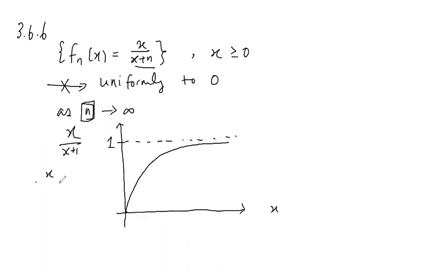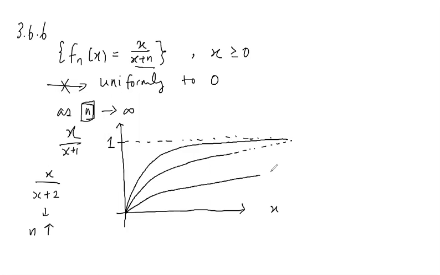So when n is equal to 2, it will be x over x plus 2. So this one will be somewhat lower. It will still go towards 1, right? As your n increases, because your denominator is increasing, its value on the y-axis will decrease, okay?